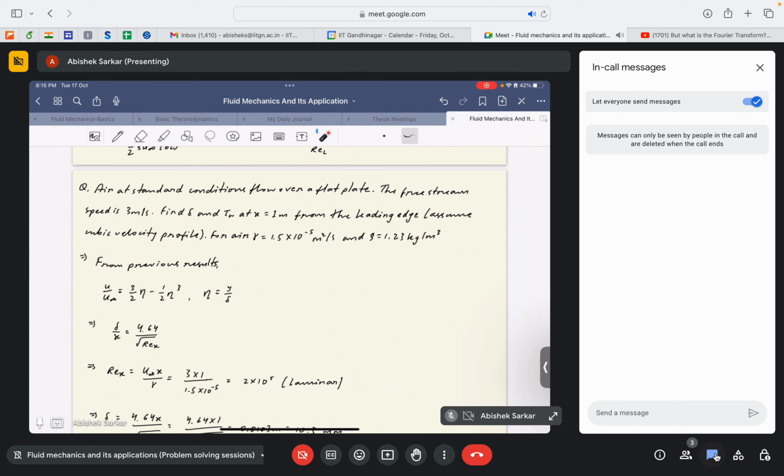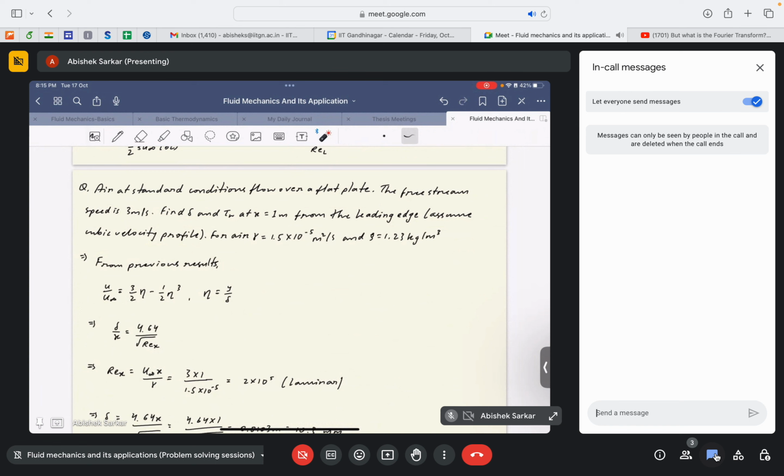For air, these are the property values: the kinematic viscosity is 1.5 × 10^-5 m²/s, and density is 1.20 kg/m³. From this question itself, we can say that they are not asking us to use the Blasius solution, but rather the von Karman integral solution.